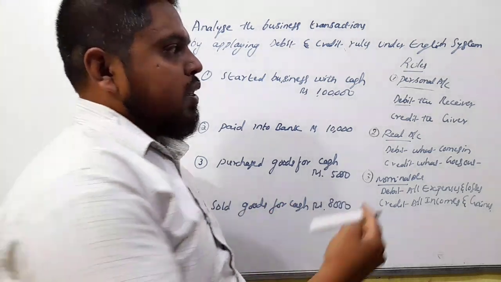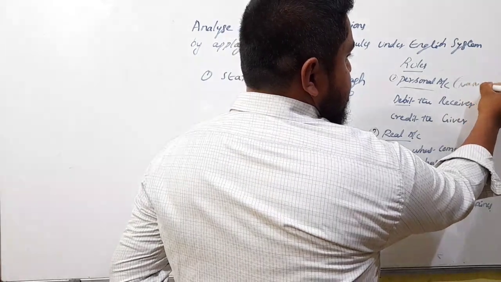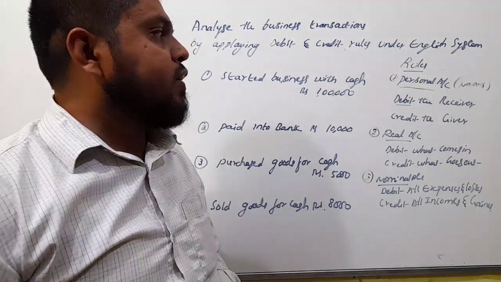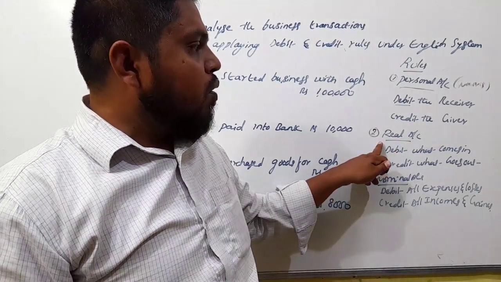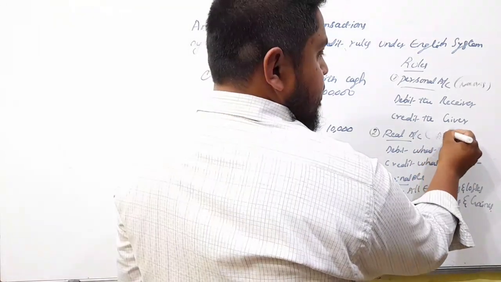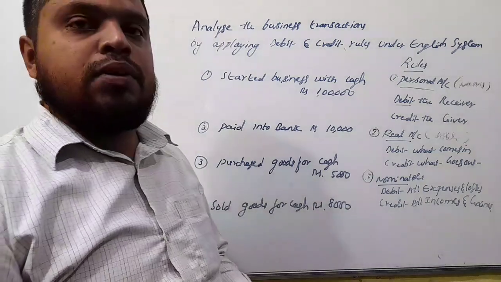Under the traditional system, the accounts are classified into three types. The personal account is related to the names. Next, the real account is related to the assets, tangible assets and intangible assets.